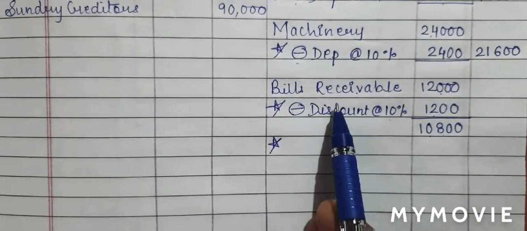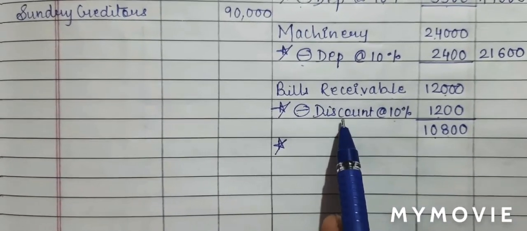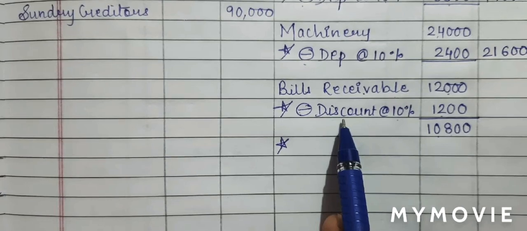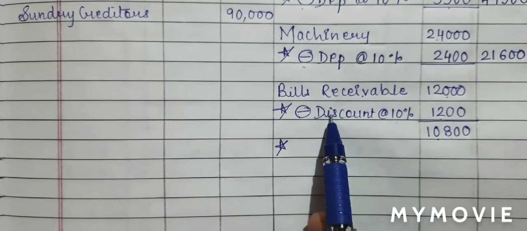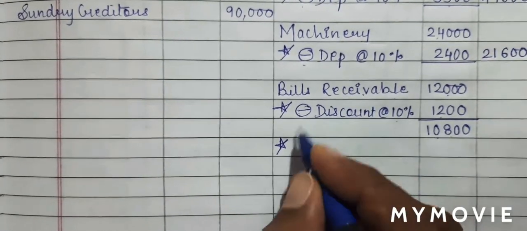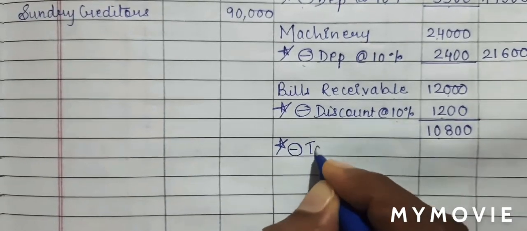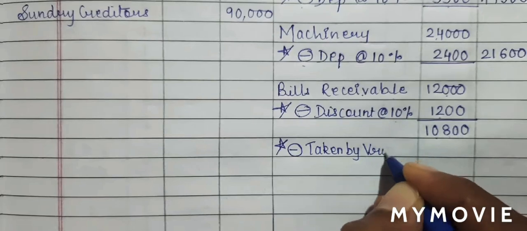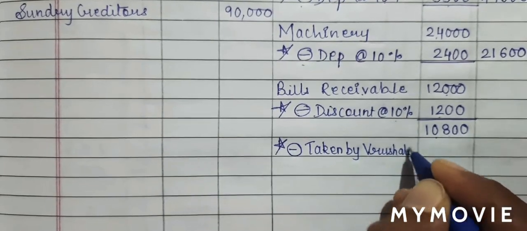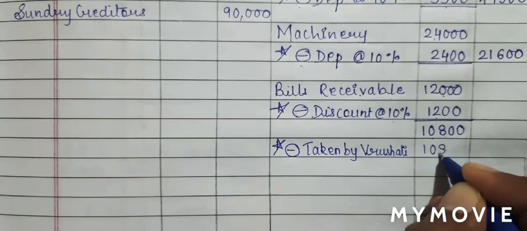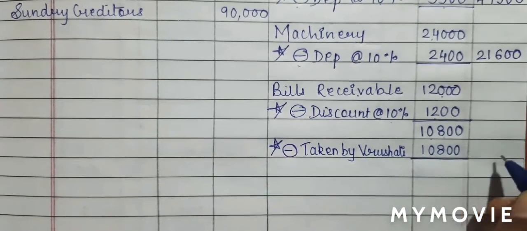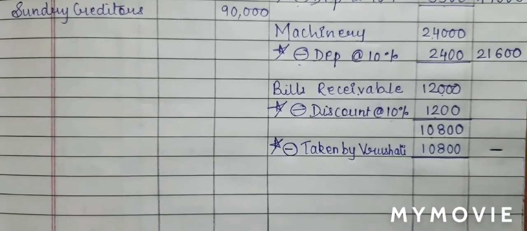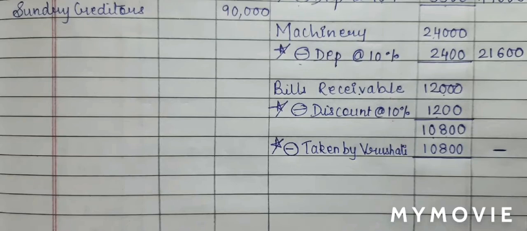Now we will continue with bills receivable. After charging discount, they said that bills receivable is taken over by Vrushali. So we'll say less taken by Vrushali. Vrushali is a partner who is taking over the asset, 10,800, which means we do not have bills receivable in our assets anymore.